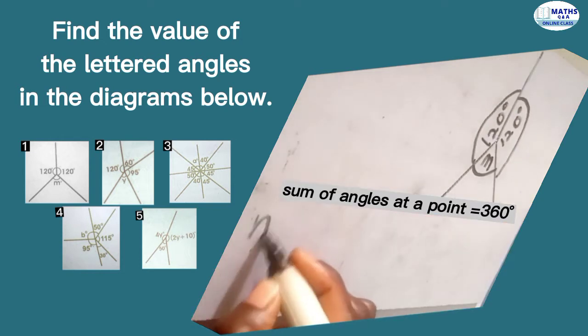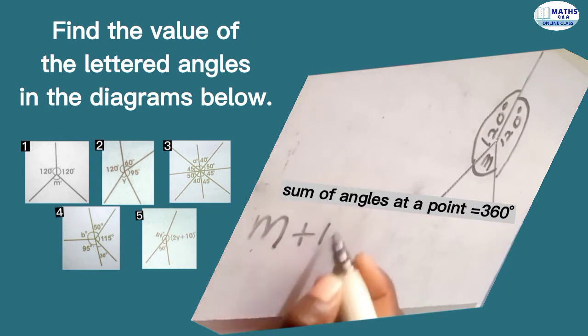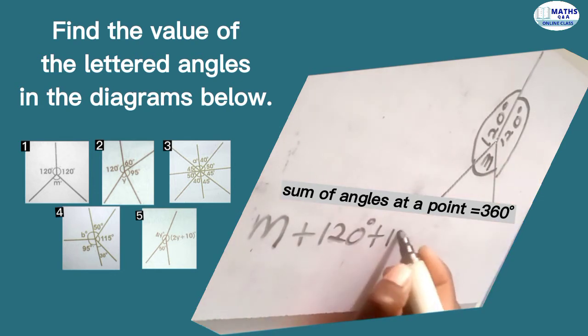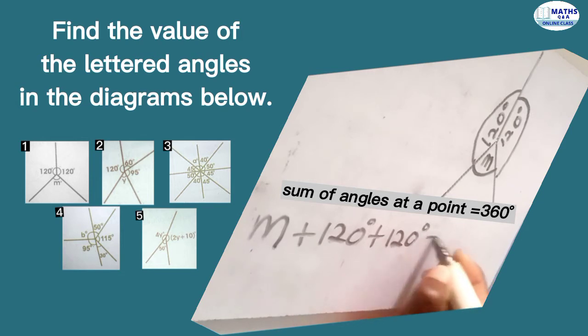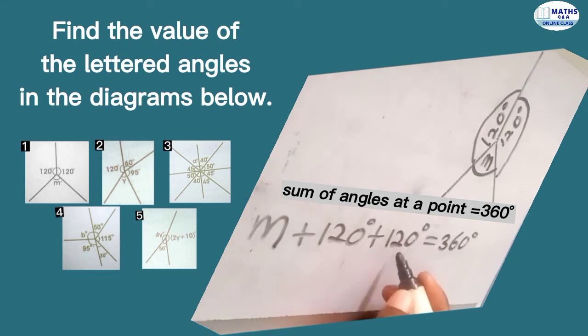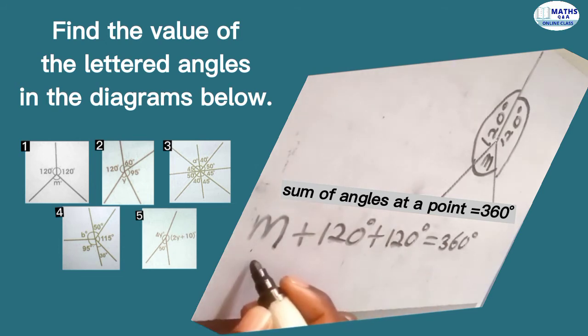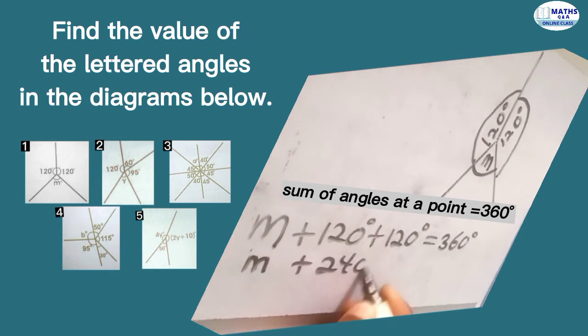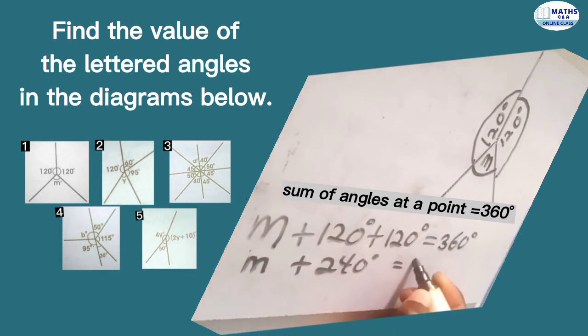We have M plus 120 degrees plus the other 120 degrees, which is equal to 360 degrees. Now 120 plus 120 give what? 240, right? So M plus 240 degrees is equal to 360 degrees.